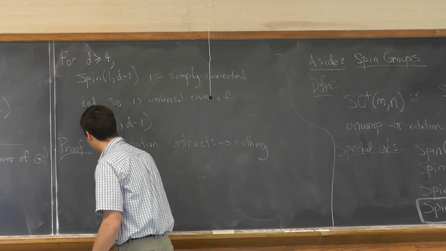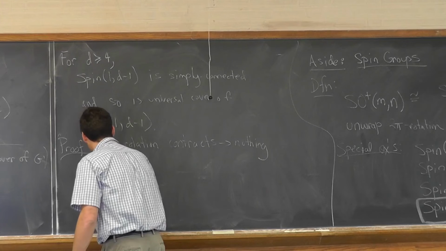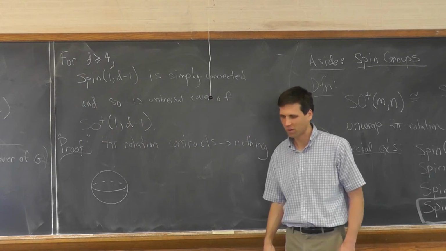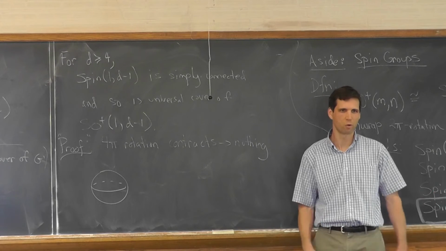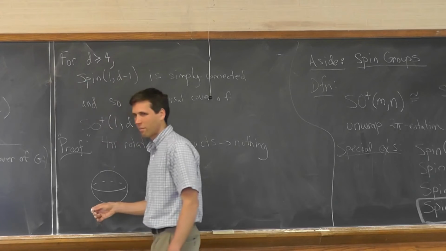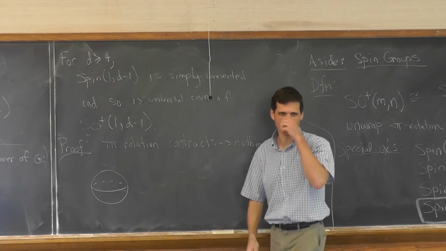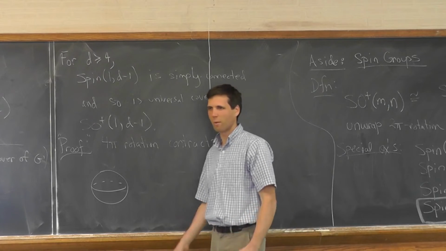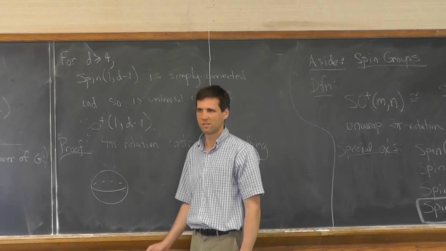Here's the idea. Take an object, and someone tells you, rotate that object by 4 pi. The question is whether that procedure can be continuously deformed to the procedure where you do nothing at all.